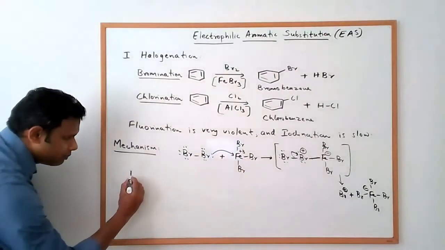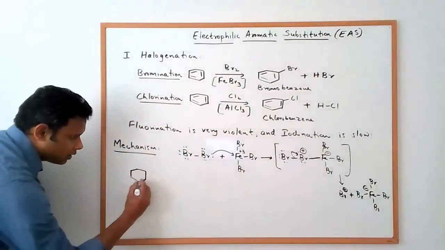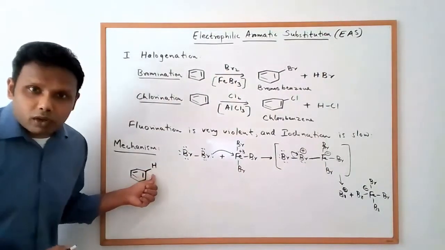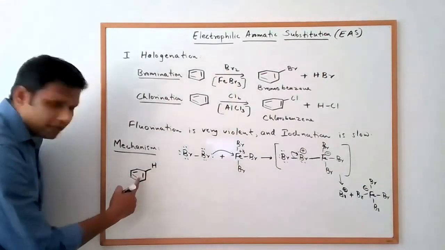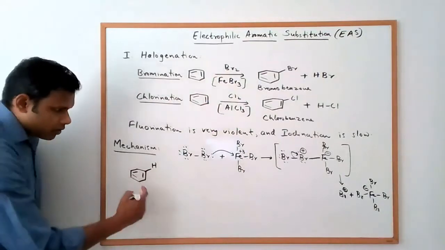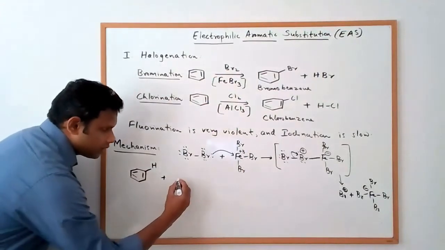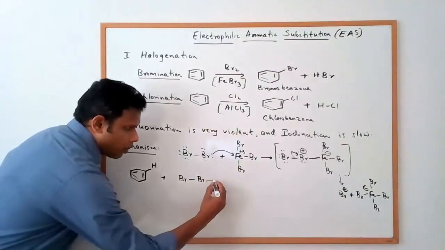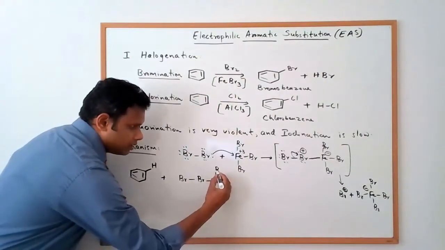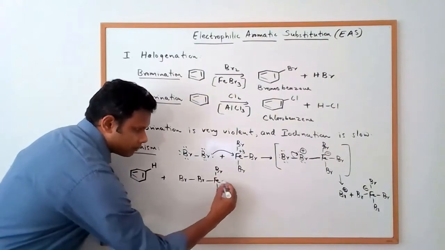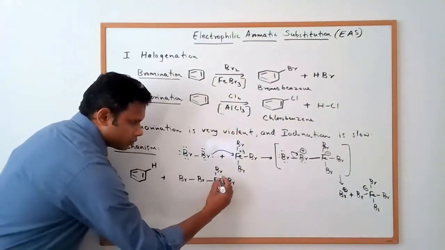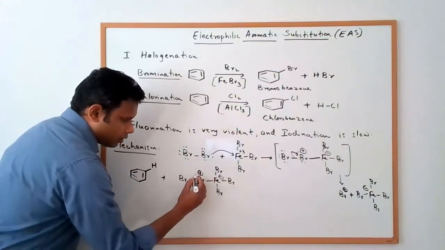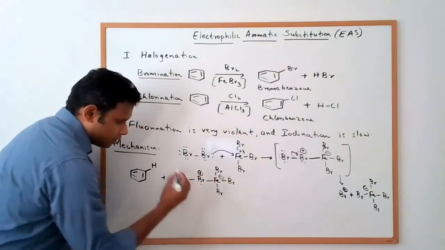And now the benzene or any other aromatic compound, I'm again going to draw one hydrogen on the aromatic compound, it can do a nucleophilic attack on this intermediate that we have.